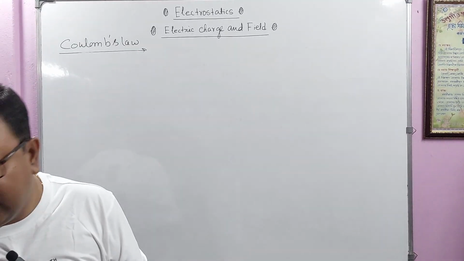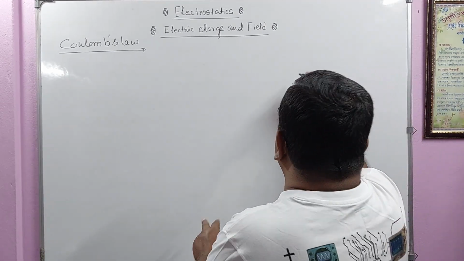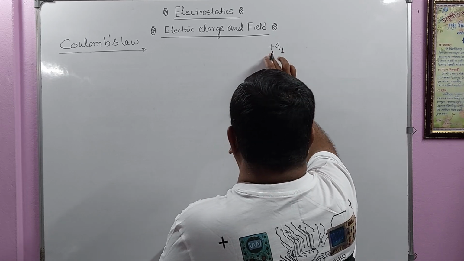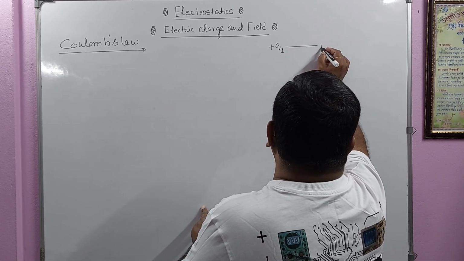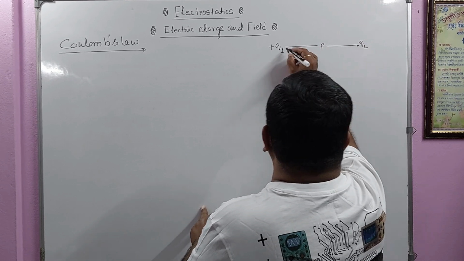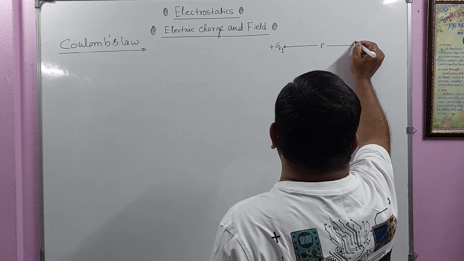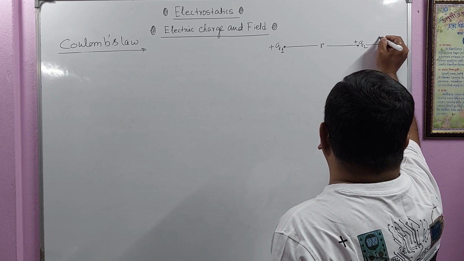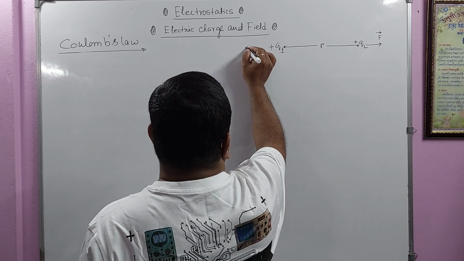Okay, for like charges and as well as for unlike charges. Okay, so here we are considering a charge Q1 which is positive and another charge Q2, both are point charges at a distance r. It is also positive.